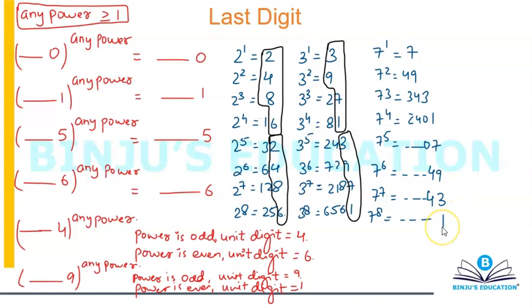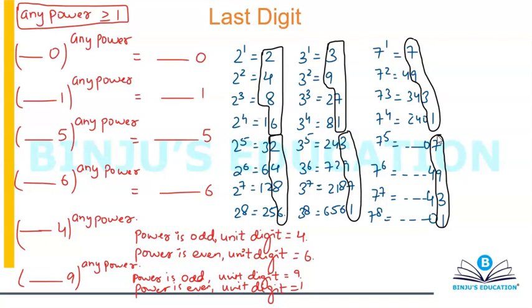Keep 1, carry over 2. It will probably have 0, 1 or something. My only concern here is what's my last digit. So 7, 9, 3, 1. Again 7, 9, 3, 1. Again it follows a cyclicity of 4.